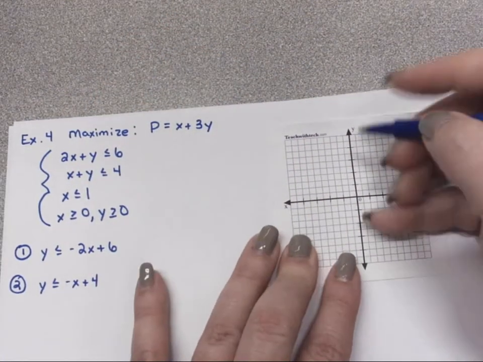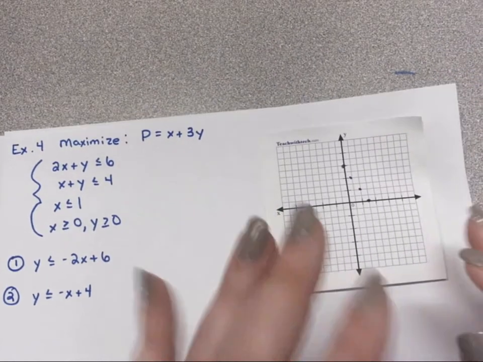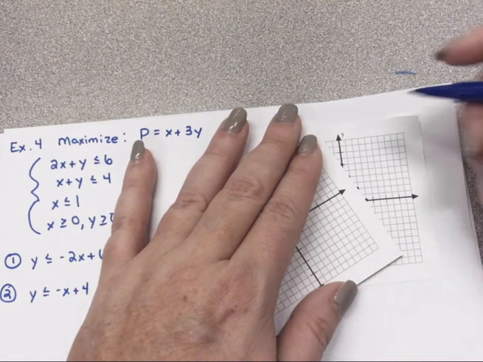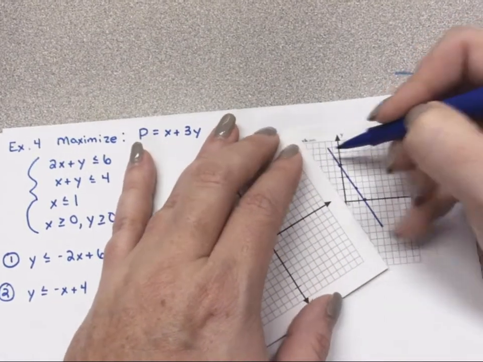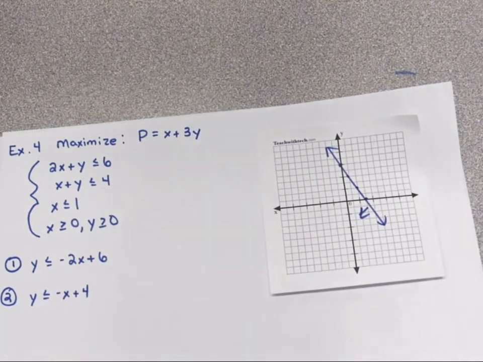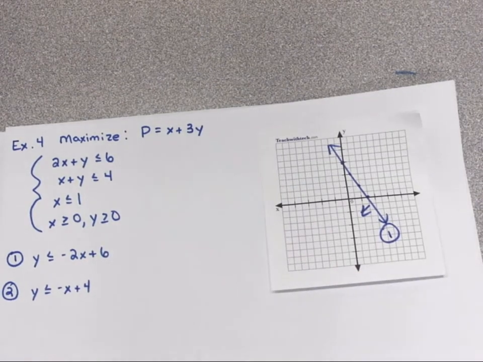All right, so back to the first one. I should have gone up this high, I just didn't. Which is going to mess with my points, so it does need to be correct. So we're still shading on this side, but it needed to look better than the way that I had it. Okay, so that's equation 1.